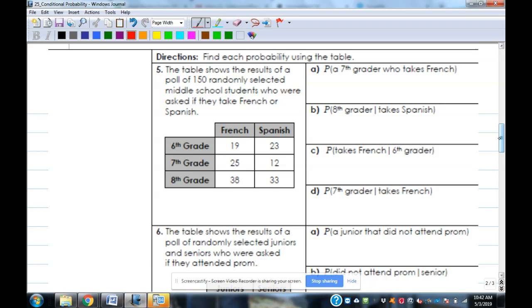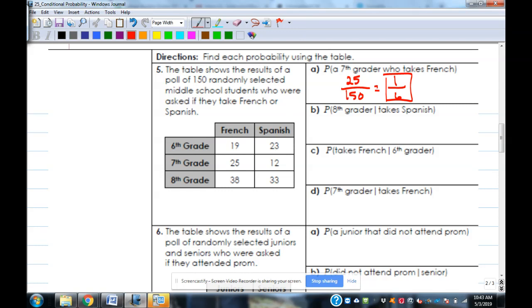Well, it doesn't say only how many, probability of being a 7th grader in French class. It's a 7th grader who takes French. How many 7th graders take French in our chart? 25 of them. How many people are in our chart? 150. And reduce that, 6 quarters in $1.50. So that'd be 1 out of 6.